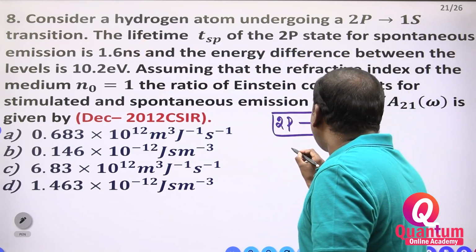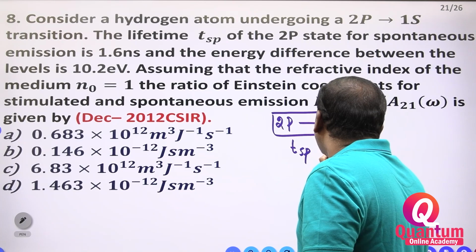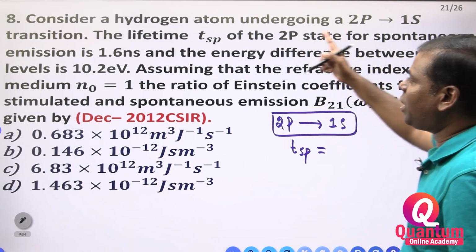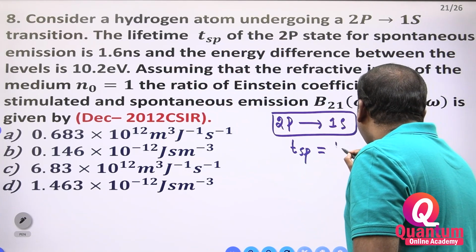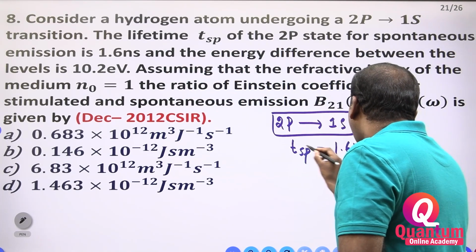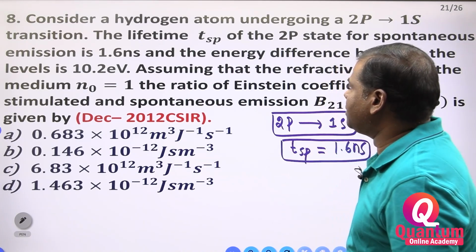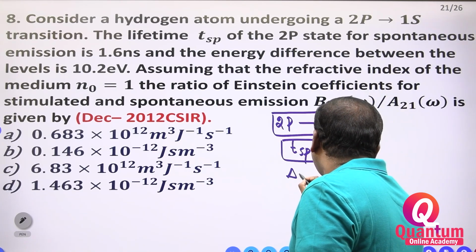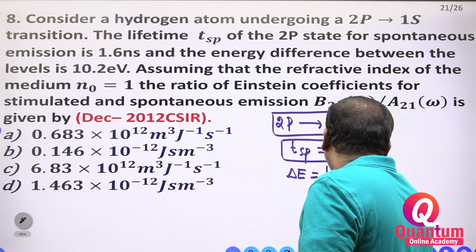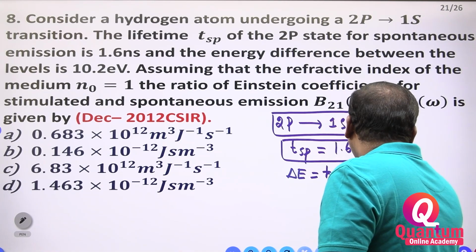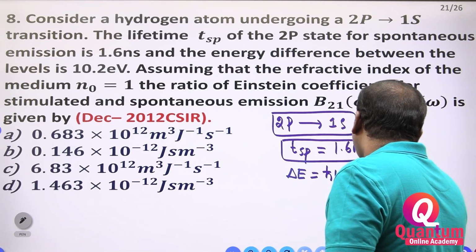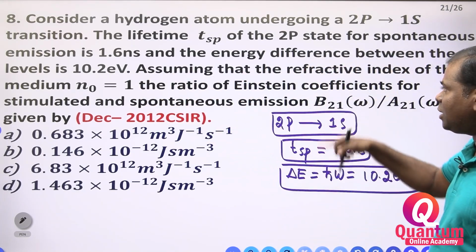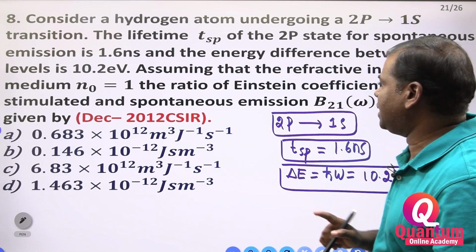The lifetime for spontaneous emission of the 2p state is 1.6 nanosecond. The energy difference between the levels, delta E equal to h cut omega, is 10.2 electron volt. This is the energy between the two states, 2p to 1s.